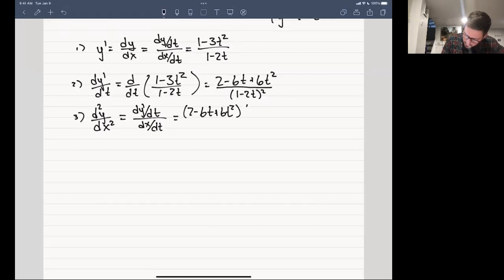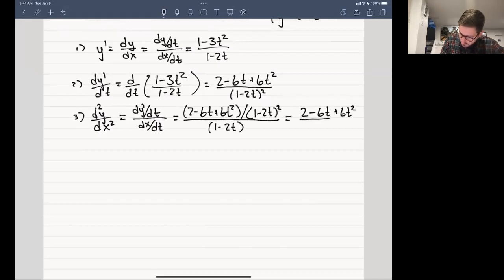I'm just copying down what I have. And then in the denominator here is 1 minus 2t again. And so I can simplify this: 2 minus 6t plus 6t squared divided by 1 minus 2t cubed. And so this gives me the second derivative.